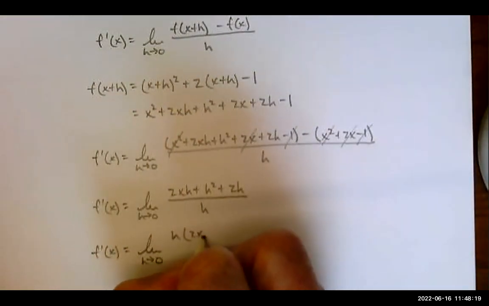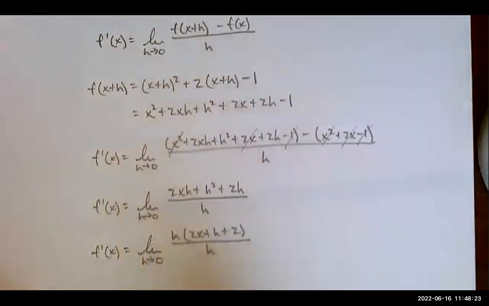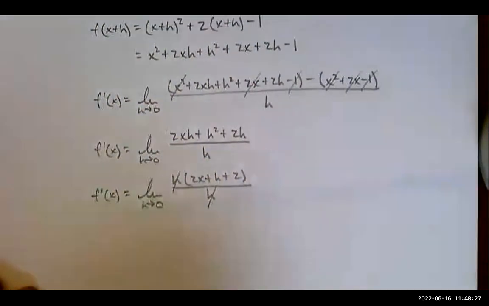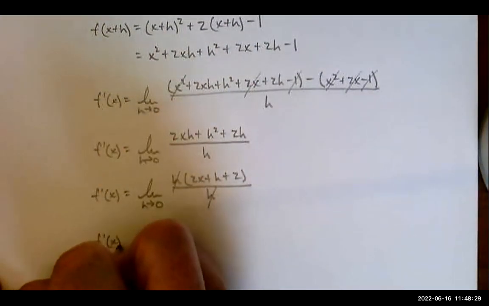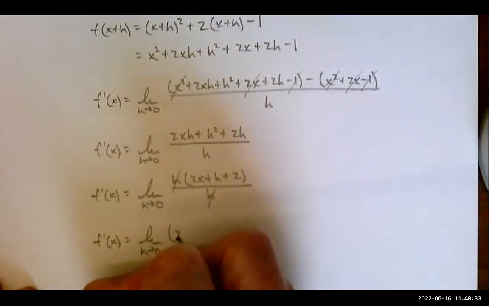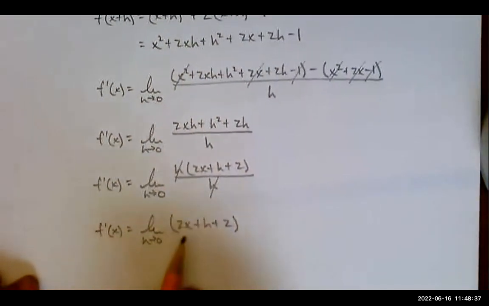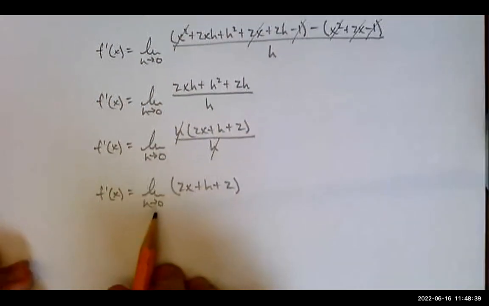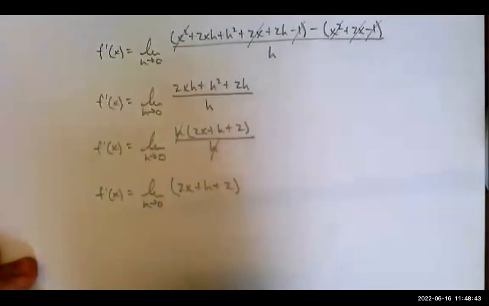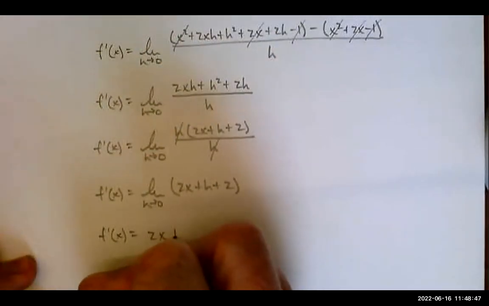H times 2x plus h plus 2. Cancel out the h's. Limit as h approaches 0 for 2x plus h plus 2. Finally, at this point, we can now plug in 0 for h, and we have it, 2x plus 2.